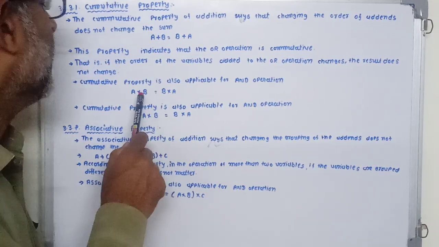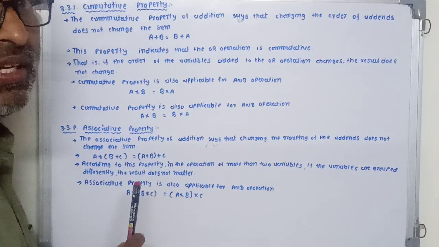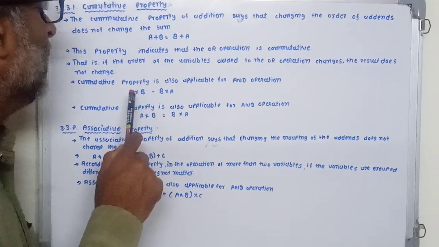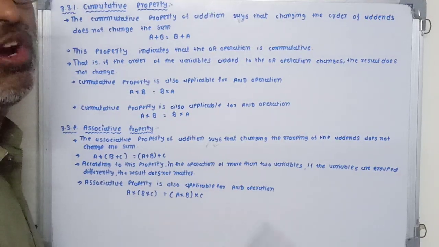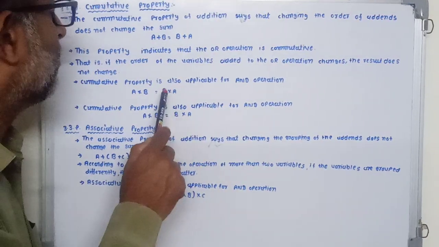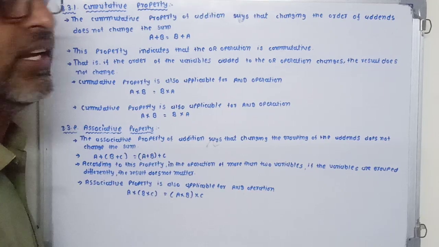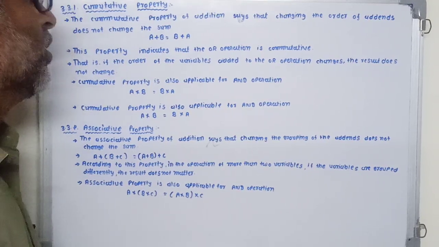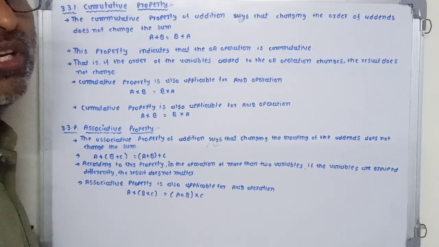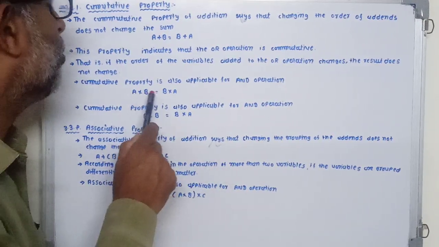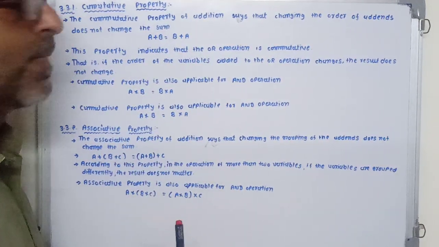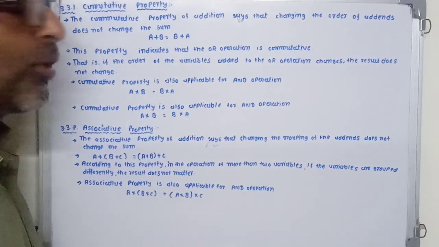Here we can write A into B. We are taking two variables A and B which are multiplied with each other. If we change the order of the multiplication, we can write B into A. It does not affect the result and you will get the same result. So we can write A into B is equal to B into A. This is the commutative property.